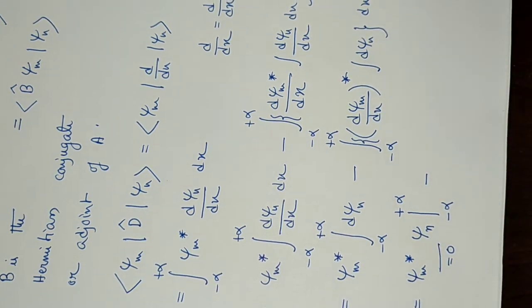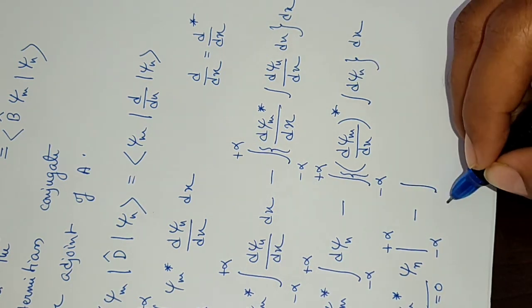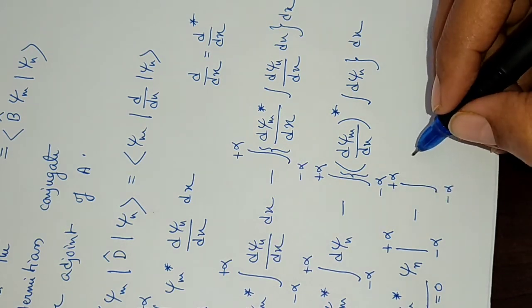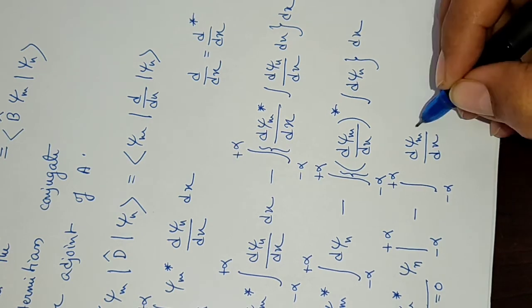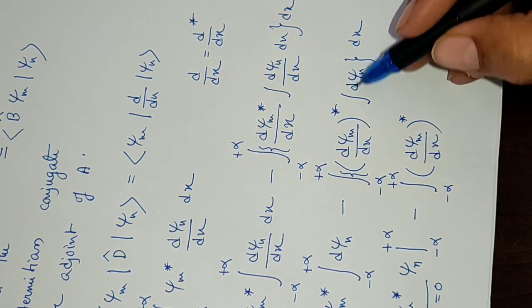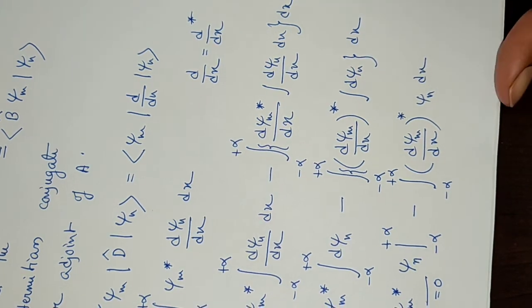Now in the second part, we will have minus infinity to plus infinity. We have a minus here and dψm/dx star. Now upon integration it will be ψn dx.